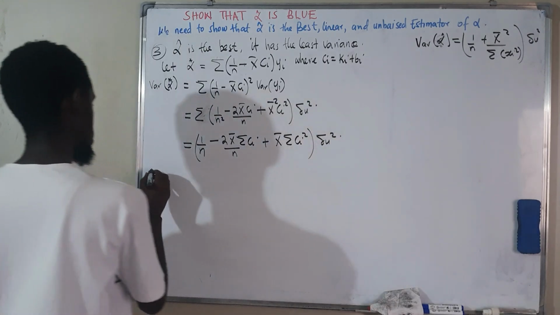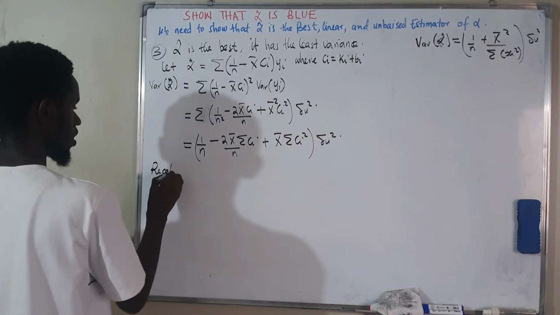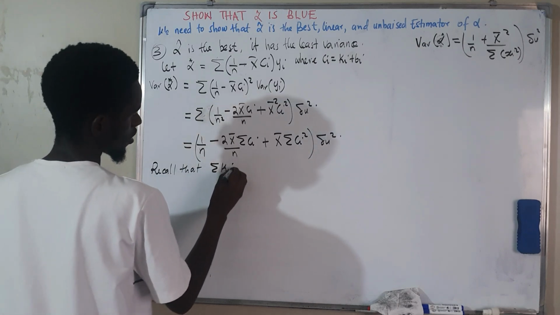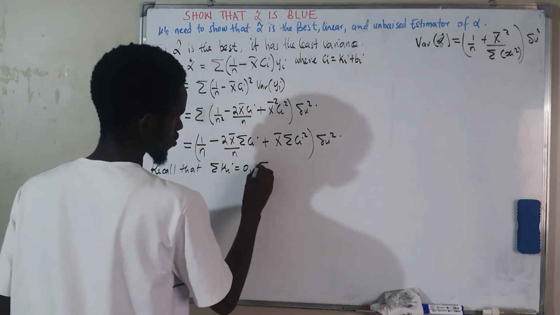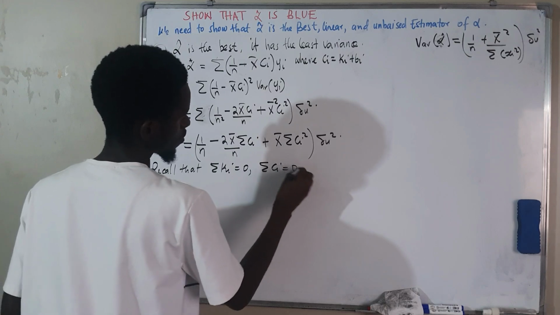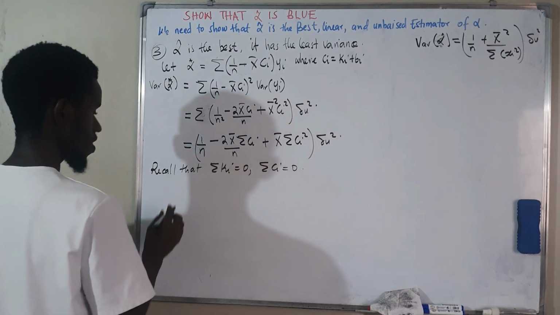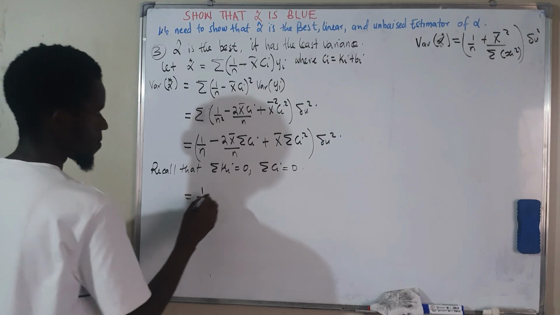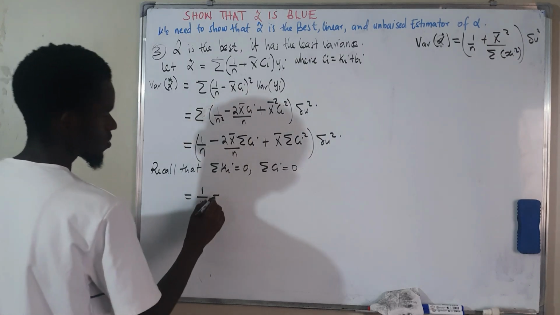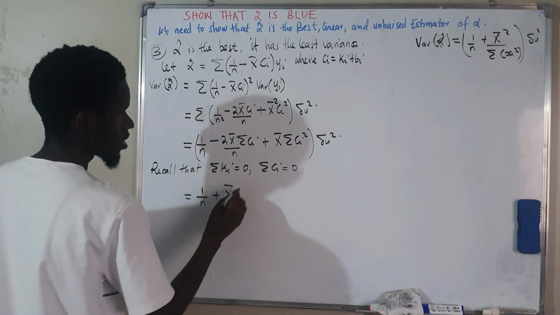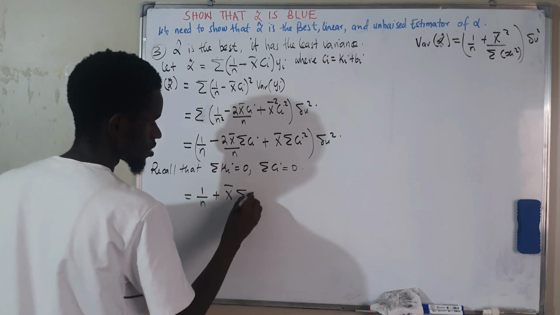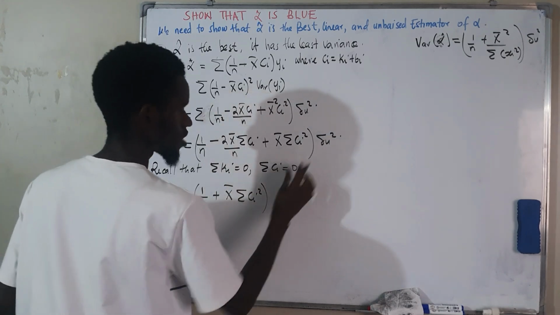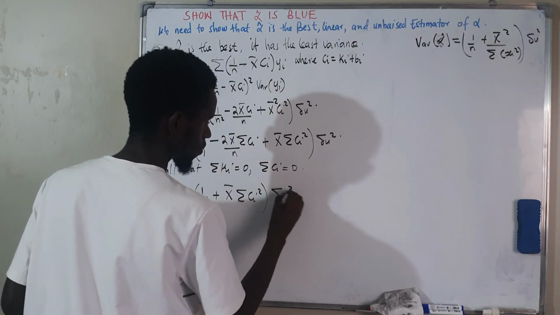But recall that we said the summation of ki is 0, therefore also the summation of ci equals 0. Therefore I'm going to remain with 1 over n, minus a 0, then plus x bar squared summation of ci squared, times sigma u squared.